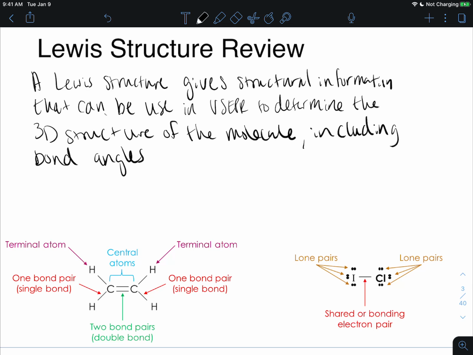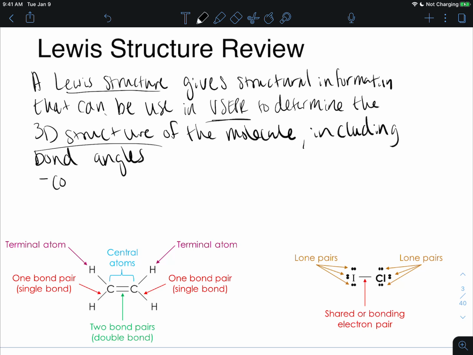Okay, so the Lewis structure itself doesn't give us information about the overall shape. It's our VSEPR that will give us overall shape. We just use our Lewis structure and VSEPR to get together our three-dimensional shape.